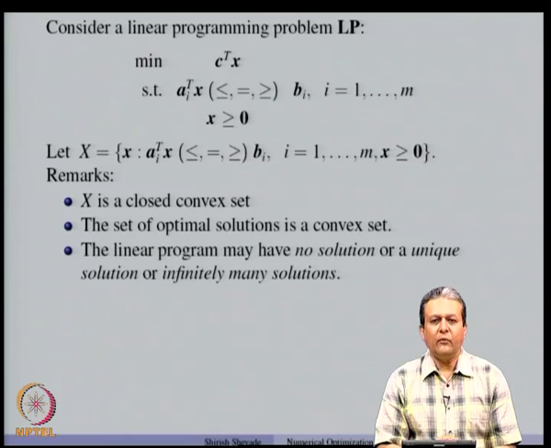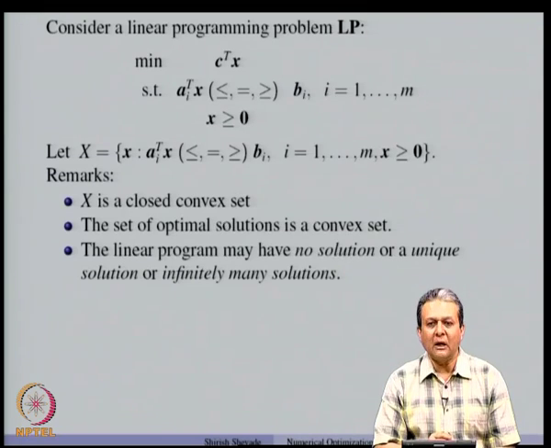Now, we have seen so far by examples that a typical linear program may have no solution. Now, there are different cases related to this. One possibility is that the constraint set is unbounded and the problem becomes unbounded because of the nature of C. So, remember that there could be situations where the constraint set is unbounded, but there exists a unique solution which is bounded.